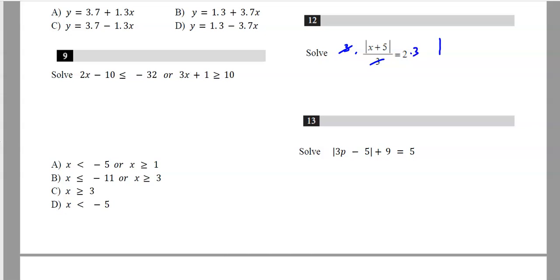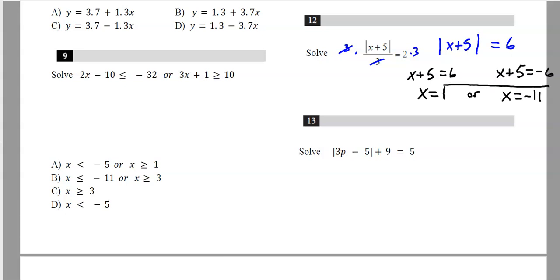So I'm going to have the absolute value of x plus 5 equals 6. So let's solve two cases. Solve as is. Solve for the negative. And minus 5, I'm going to get x equals 1. Or if I minus 5, negative 11. Boom.